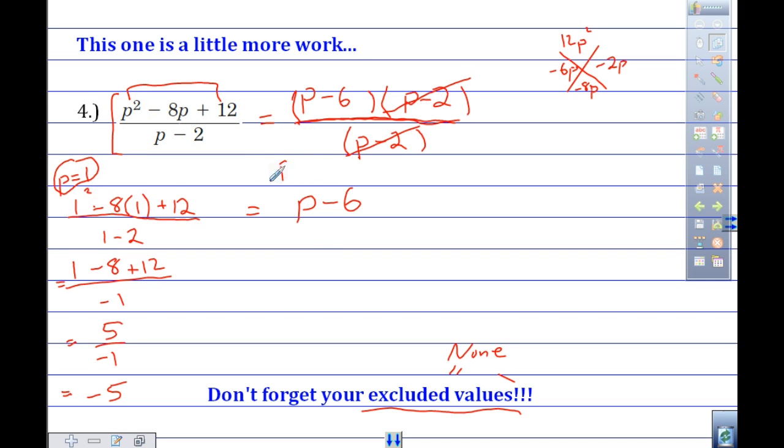Plug in 1 into our answer, and what do you get? Negative 5. Well, why is that? Because these are equal to each other. This and this give you the same answer. That's what equal means.